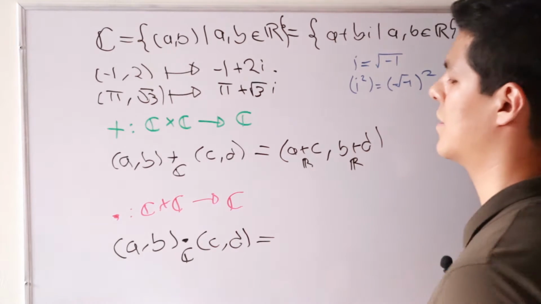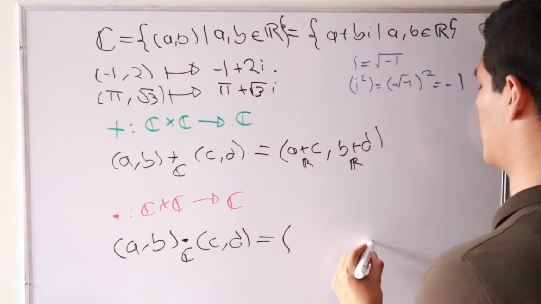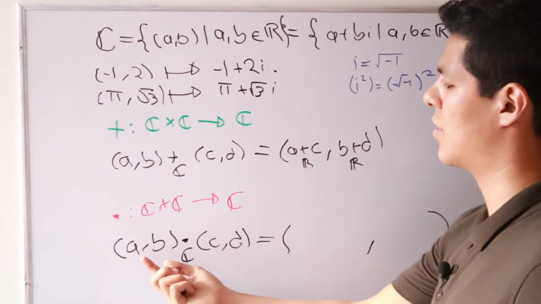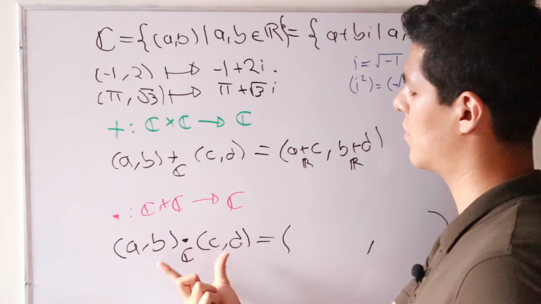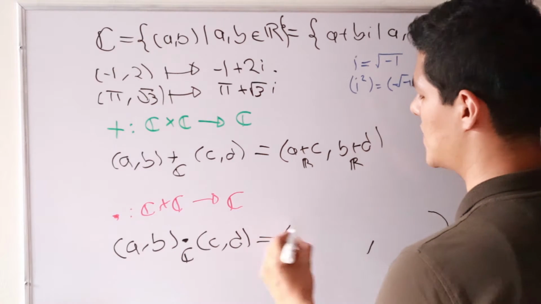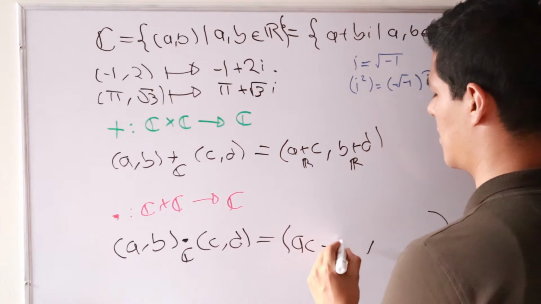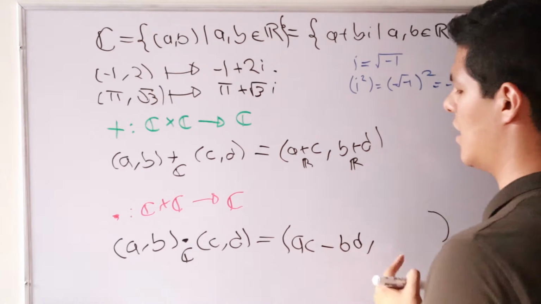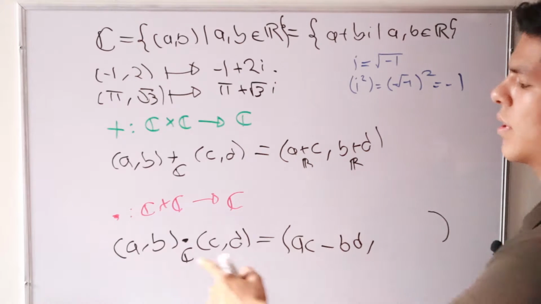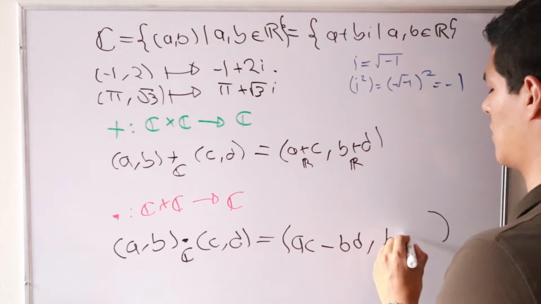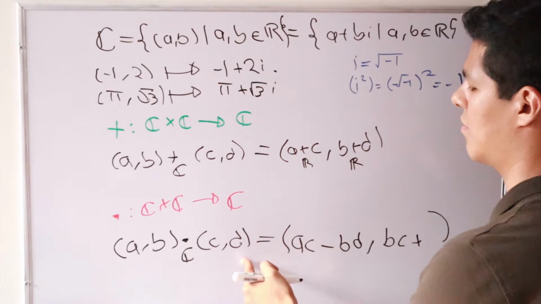You will get another complex number, but in this case it is much larger. So you have to see the first one, a times c minus b times d, and in the other one you will get b times c plus a times d.